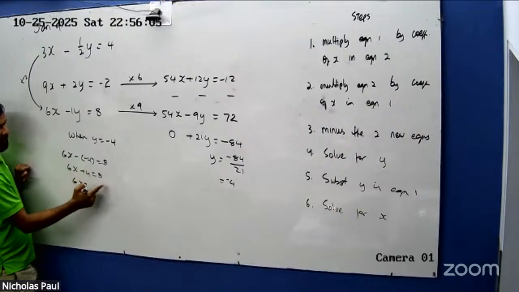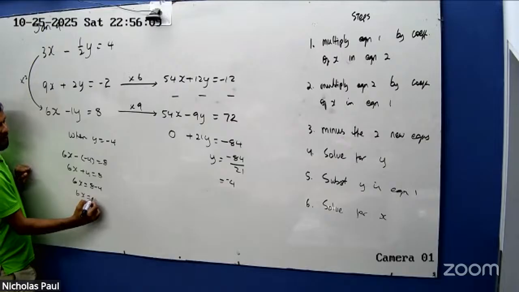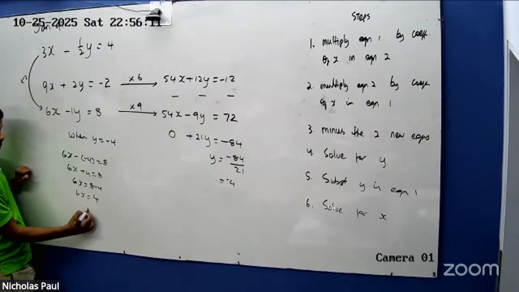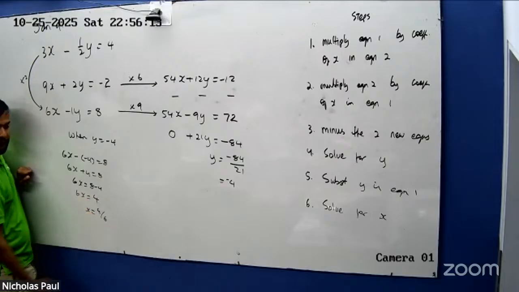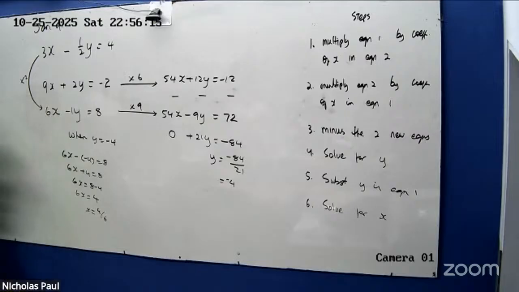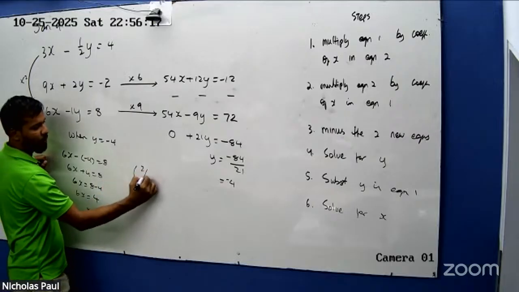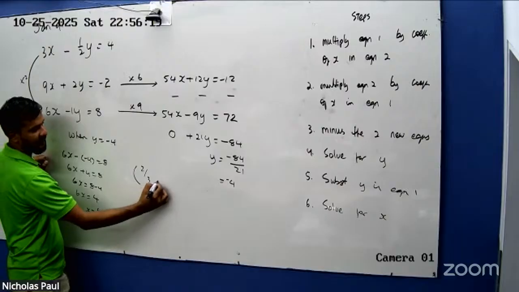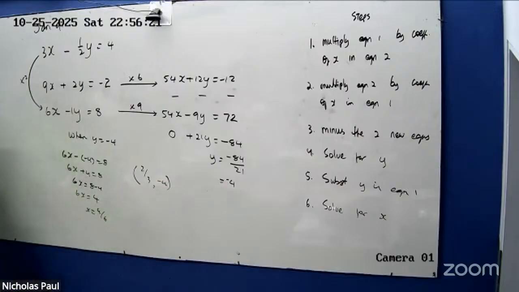Carry it across. I'll get 8 minus 4. 6x is 4. X is 4 over 6. So your answers are x equals 2/3 and y equals negative 4. So you get a whole number for y and a fraction for x.